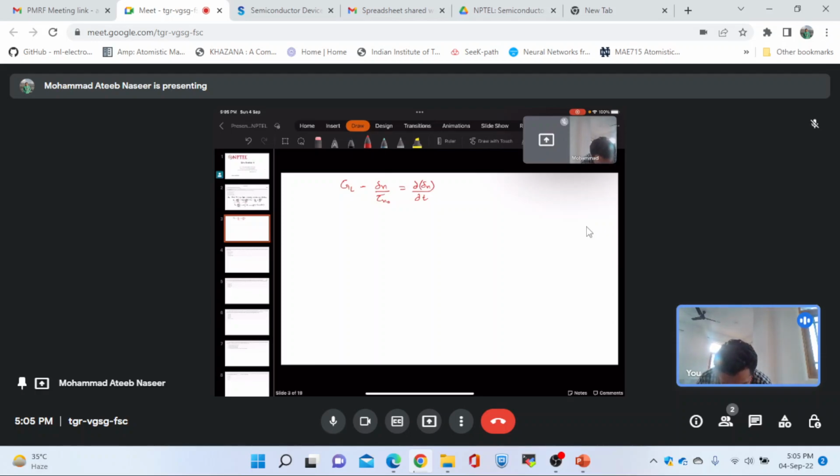If I solve this differential equation, the excess concentration as a function of time will simply be GL, the generation rate, times tau n naught, into 1 minus e to the power minus t by tau n naught.